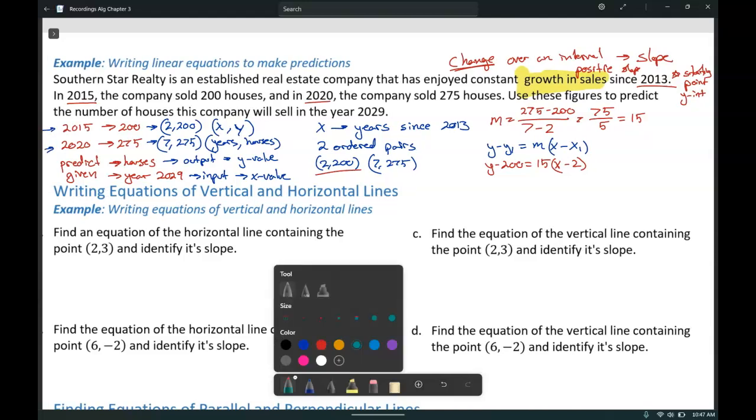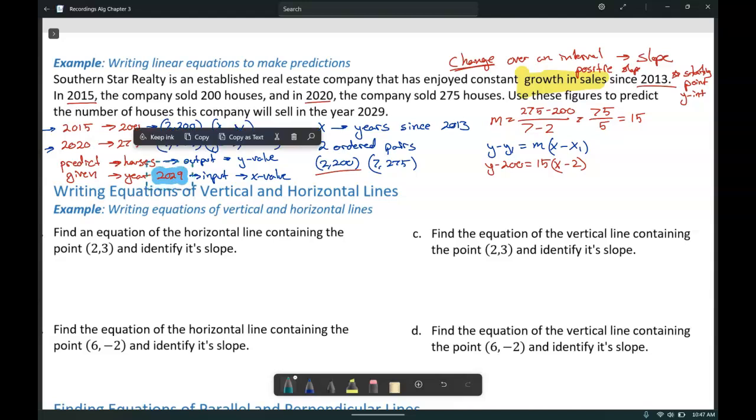go ahead and predict the number of houses in the year 2029, which means that we're going to solve for when x is 16 years after, what's the y value going to be?